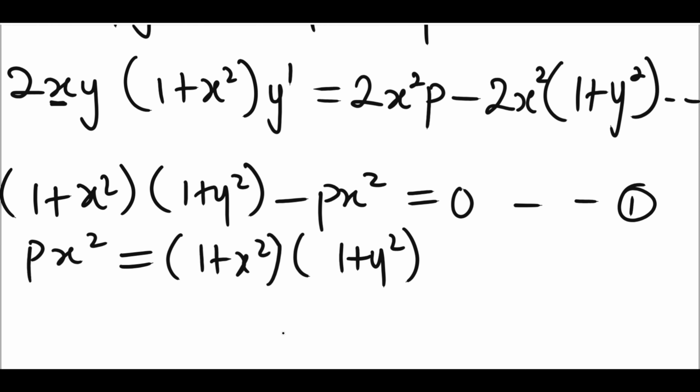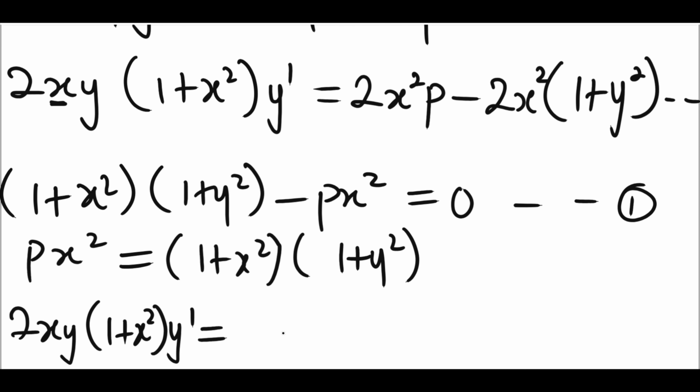So we are going to get 2xy multiply 1 plus x squared y prime is equal to, so we have x squared p, which is the same as px squared. So we are going to replace the px squared with its value here.